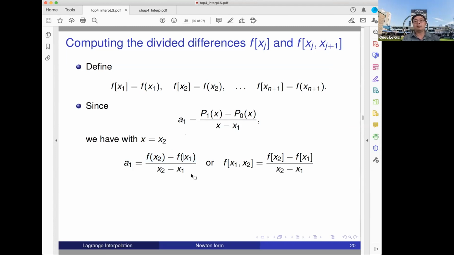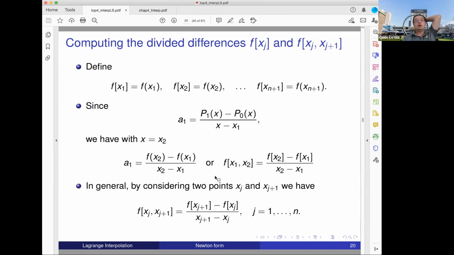We saw that before as well. So a1 is denoted by the divided difference over x1 and x2. In general you can replace x1, x2 by xj and xj plus 1, and it is still correct that it is the slope of the line that goes through xj and xj plus 1. Okay, so that is the formula here.